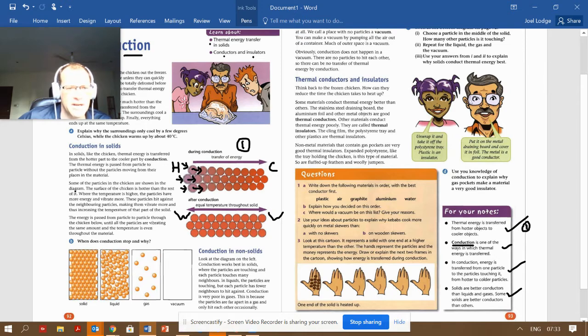So energy is being transferred from particle to particle. They have to be touching in order for this to happen. Energy can get passed through the substance as the particles knock into each other.